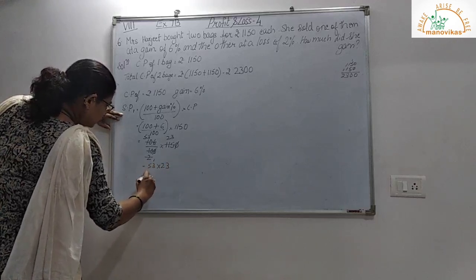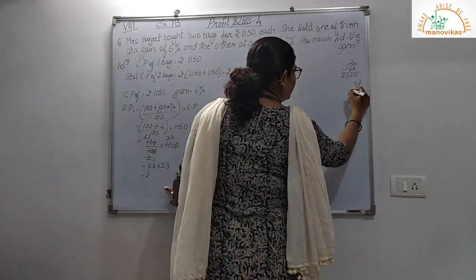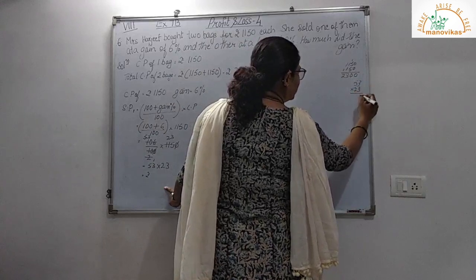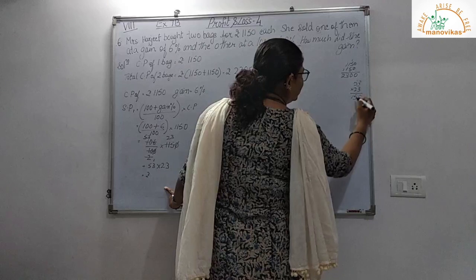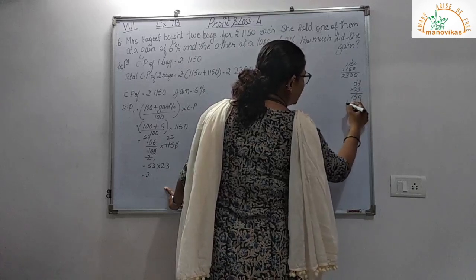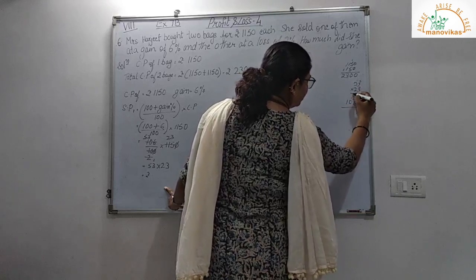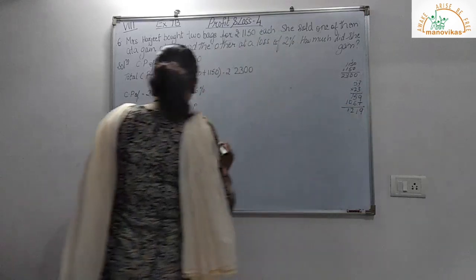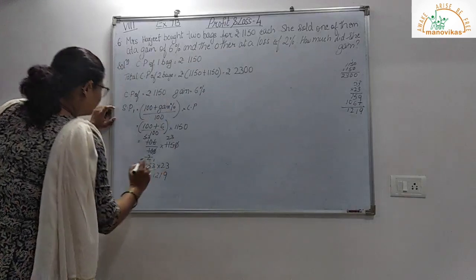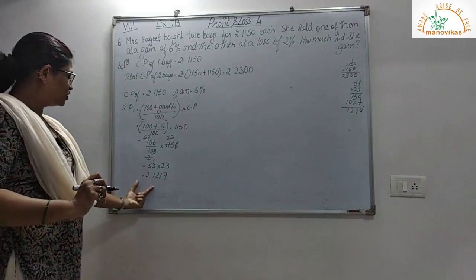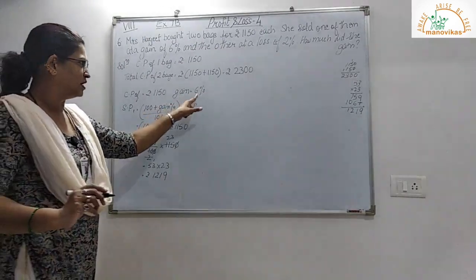Let us multiply this. 53 into 23: 3 3s are 9, 3 5s are 15 plus 2 3s are 6, 2 5s are 10. So I get 9, 5, 11, so 2, 1. So I get rupees 1219. So the selling price of the first bag is 1219, where there is a gain of 6%.